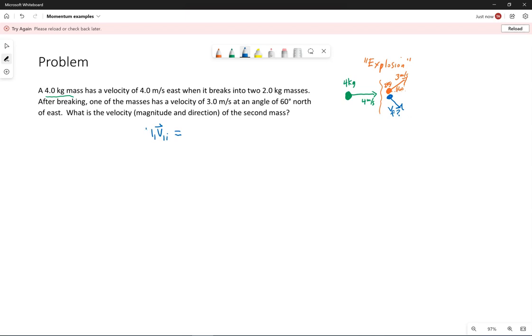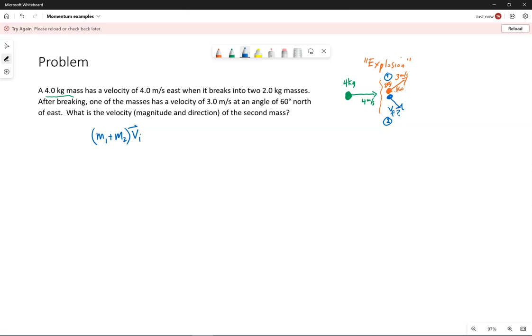Let me redo this, sorry. I'm going to call this mass of 2 kilograms that we know the velocity for, mass 1, and the one we're trying to find, mass 2. Well, since they were one object to begin with, I'm just going to combine their mass.